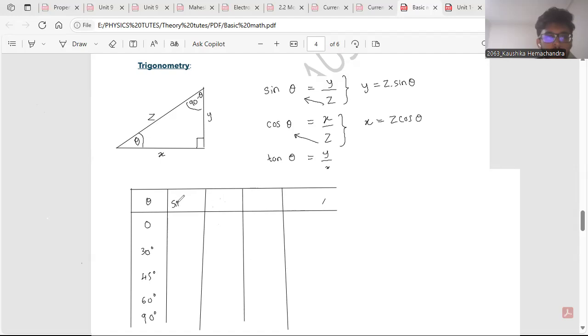So here sin theta value, cos theta value, and tan theta value. For 0, sin theta is 0, right? Cos theta is 1. Cos theta is 1 when sin theta is 0. You can get it from that equation also.